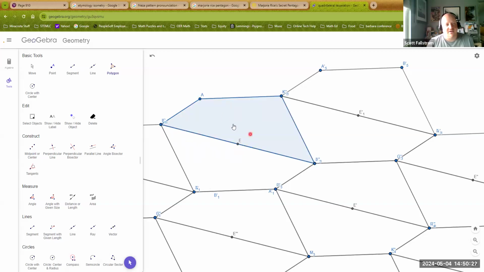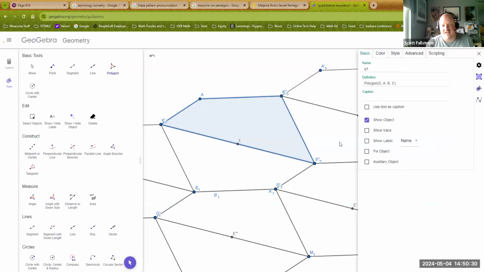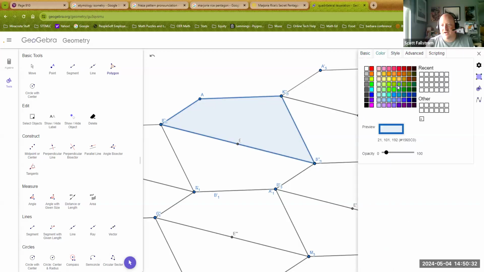Okay, so there's this, right? And I'm going to right click, go to settings, color. I think I want to go kind of greenish. Maybe darker green, even darker. There we go. Okay, so now I've changed the color, and let me get rid of that for a moment.